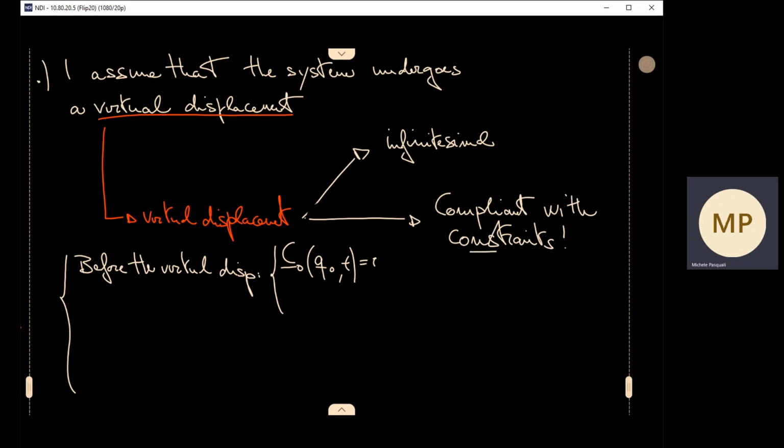So this is the first form, and then there is the second form, which I call C1 of Q1 and T.